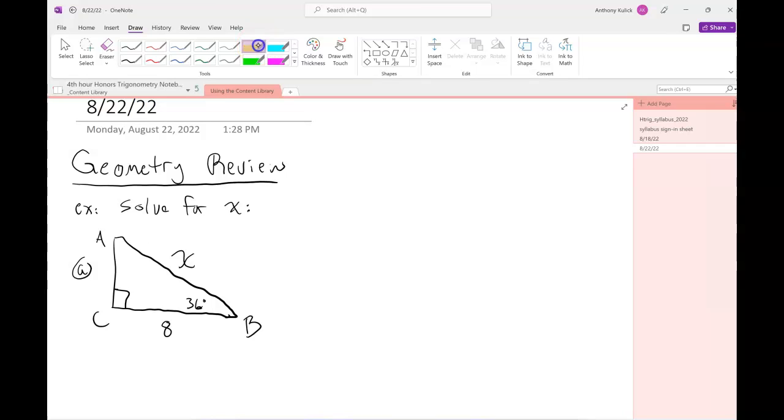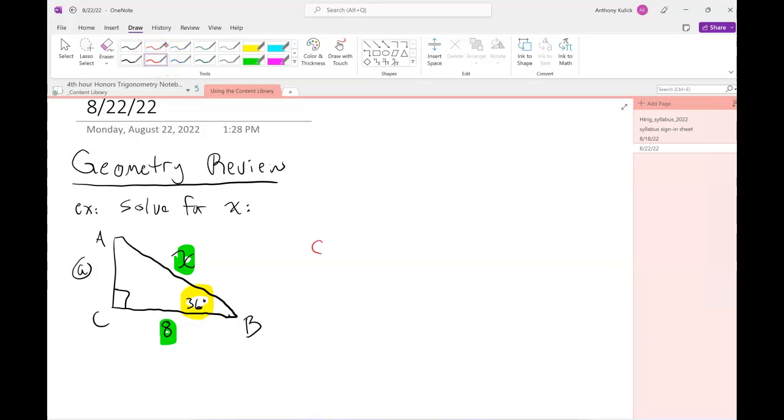Great. And sine, cosine, or tangent, which one would be the one I'd want to use in this case? Oh, cosine? Mm-hmm. And how do we know cosine? Adjacent over hypotenuse. Right. So relative to the angle that we're given, we have adjacent and hypotenuse that we are concerned with.